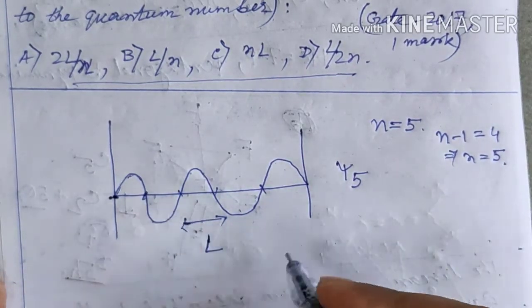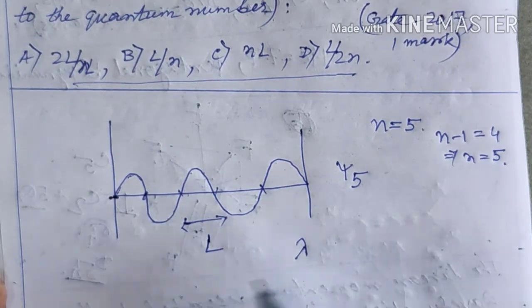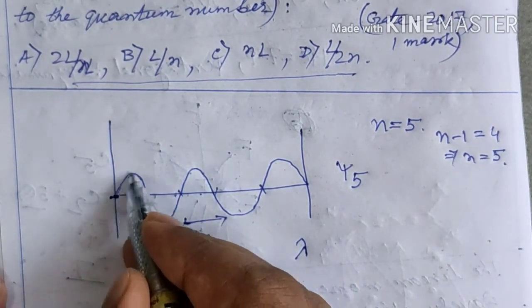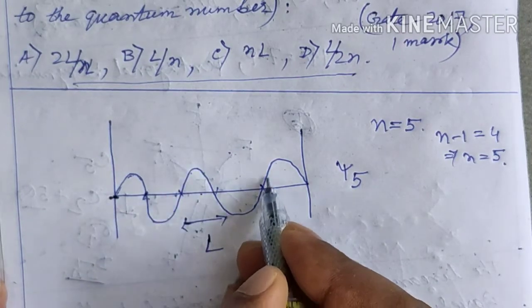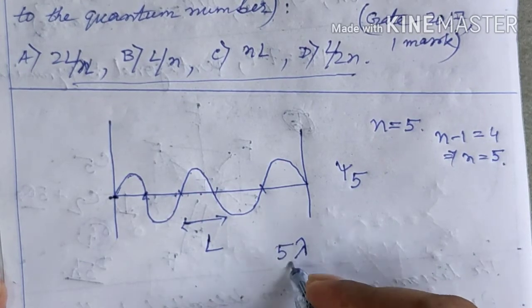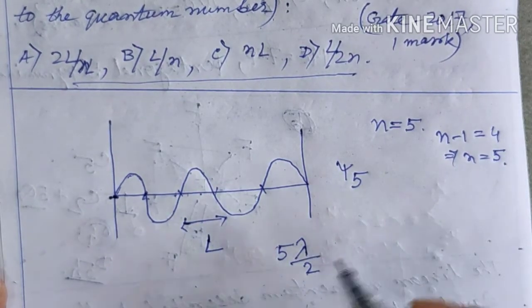Now if the wavelength is lambda, then here is involved 2.5 wavelengths, that is 5 lambda by 2. Is it clear?